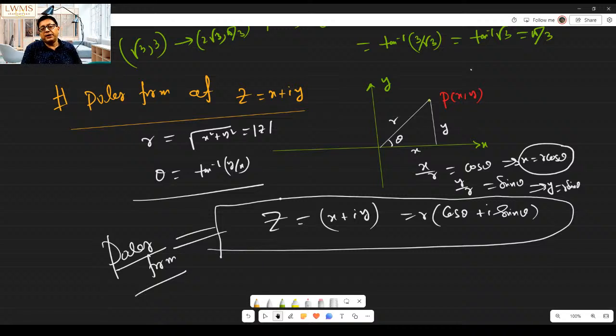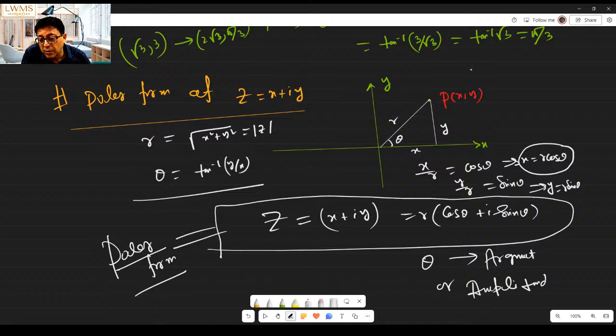So the polar form of z equal to x plus iy means it will be of the form r into cos theta plus i sin theta, where theta is known as argument or amplitude. And r stands for what?